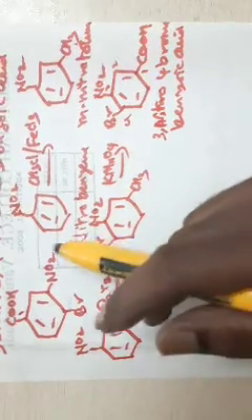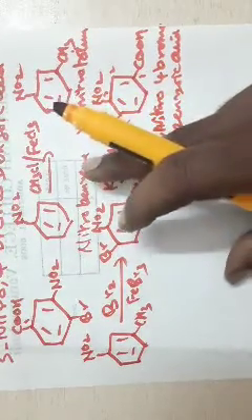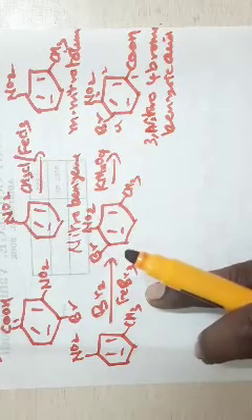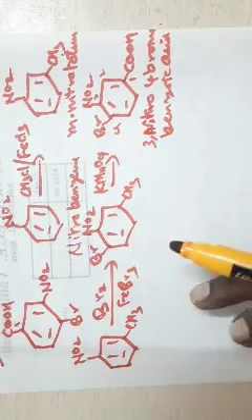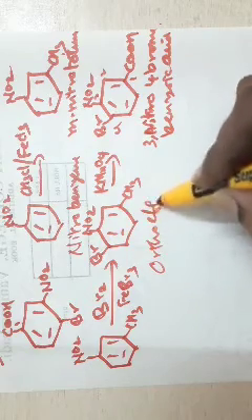So this reaction involves Friedel-Crafts alkylation and halogenation by using ortho effect. So the product is formed because of the ortho effect which we discussed in the previous lecture.